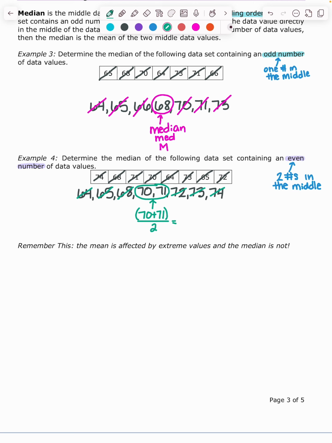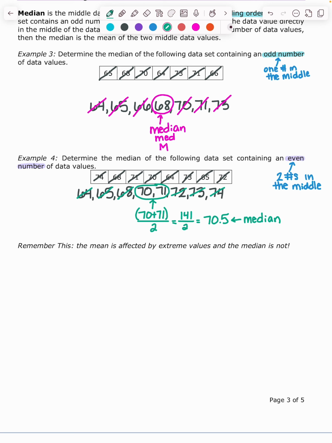So 70 plus 71 is 141, and then divide that by 2, we get 70.5, and that is our median.